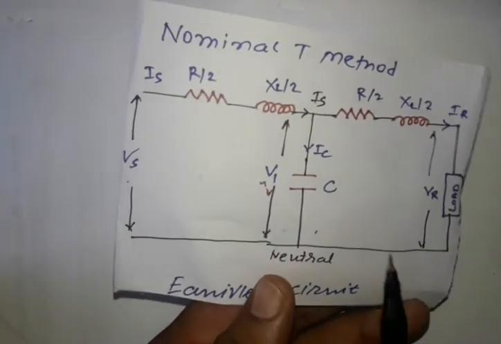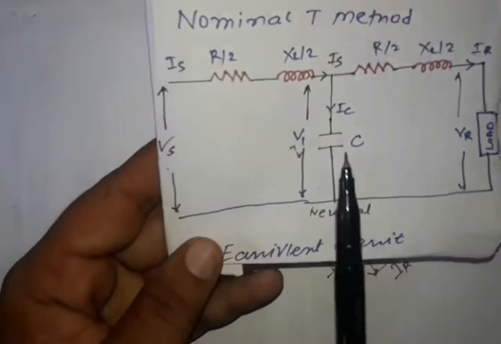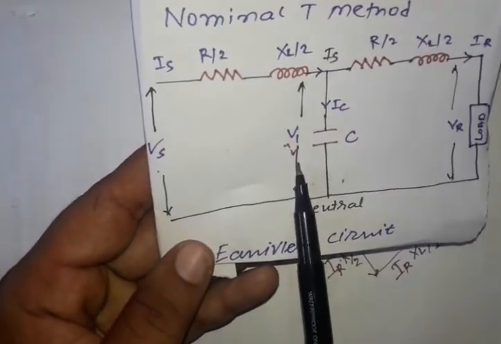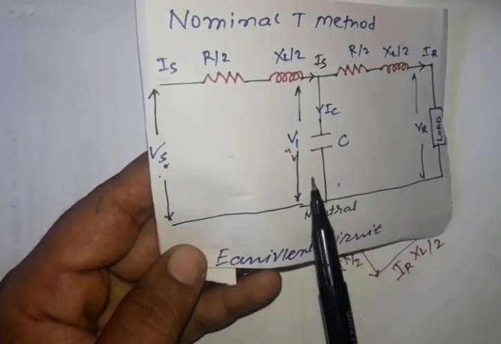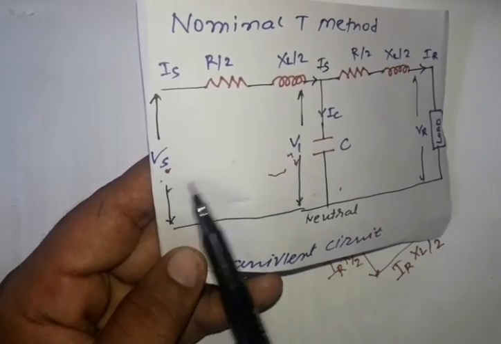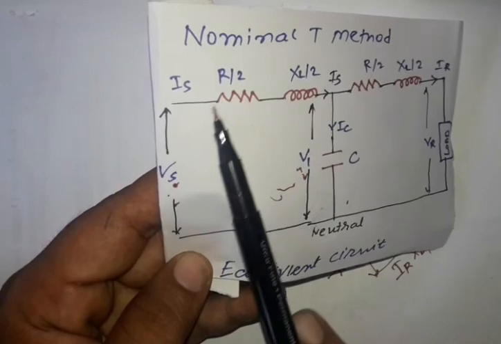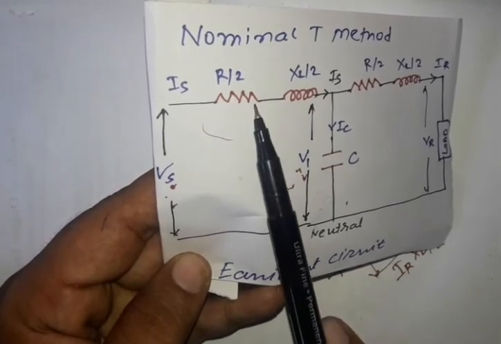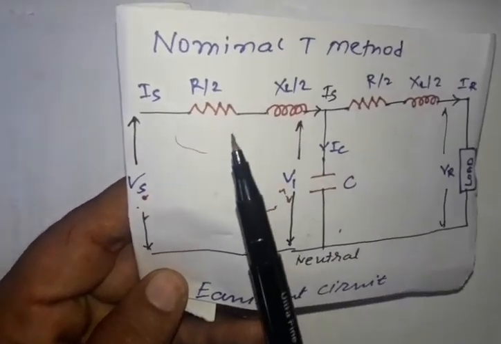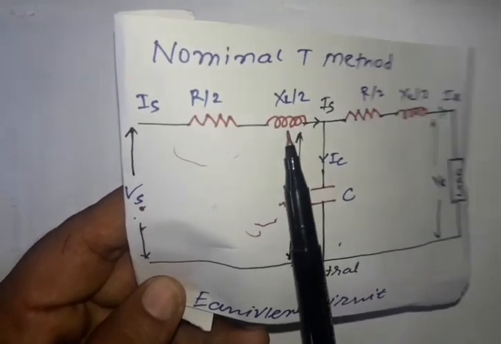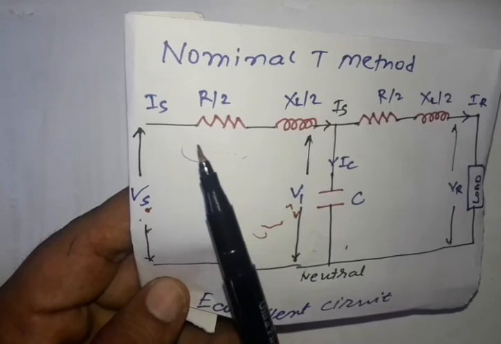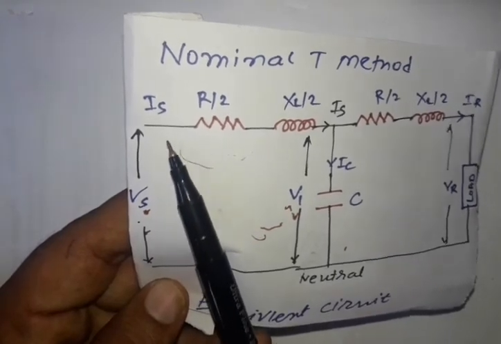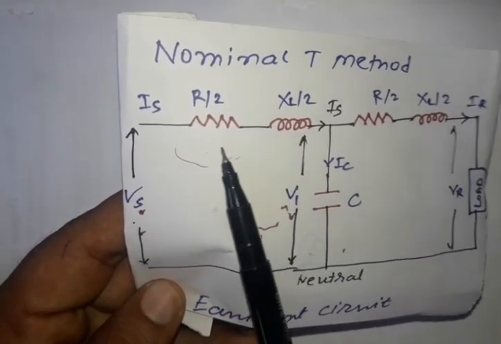Now V1 plus this drop is equal to Vs. To find Vs, we have to draw the line for this drop. But the current flowing in this resistor and inductor is Is, so first we find the current Is and then draw the line for this drop.